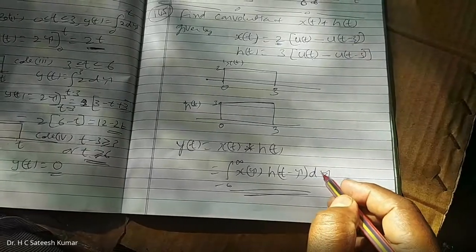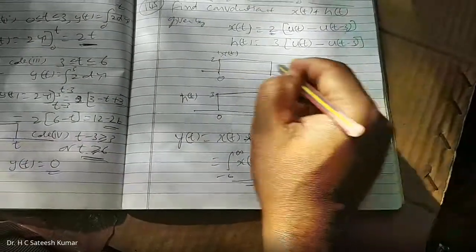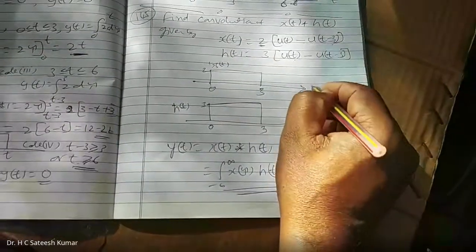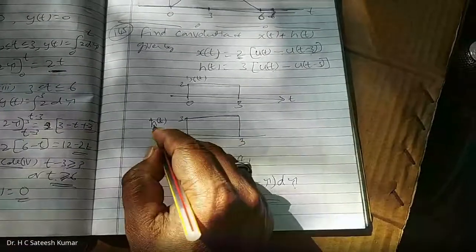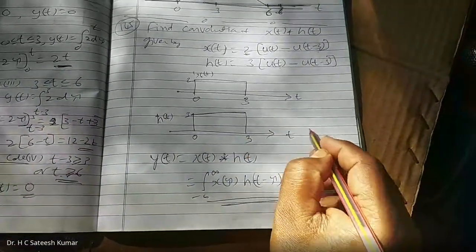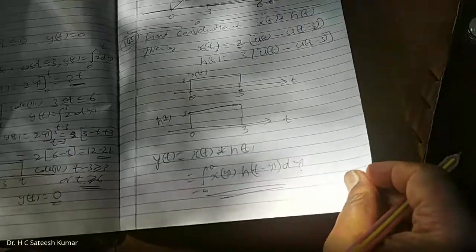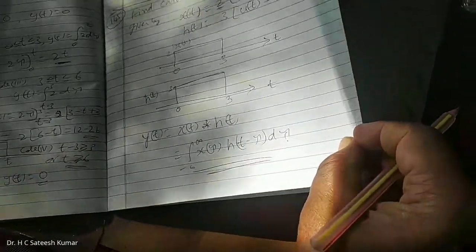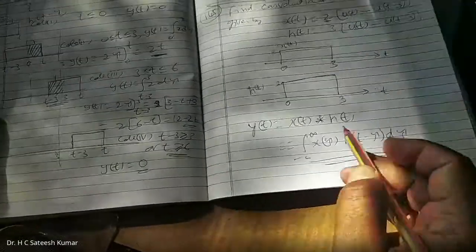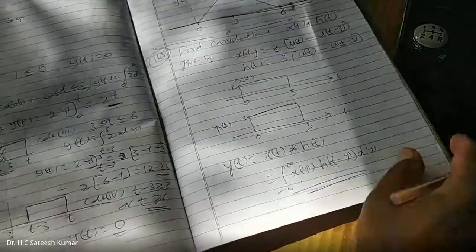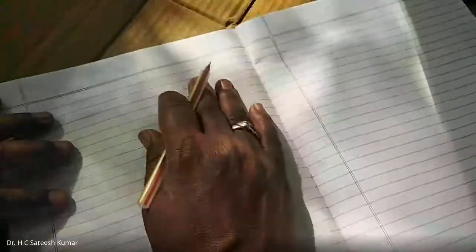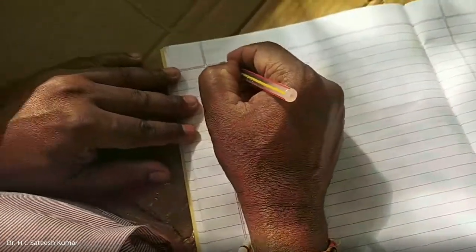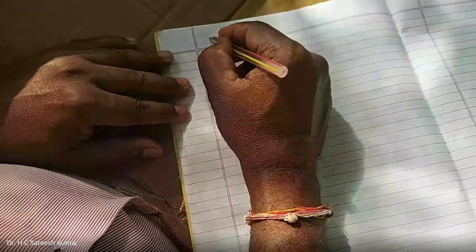If that is the case, first you write down. So this axis is x of t, meaning x is a function of time. h of t means h is a function of time. Now we have to write down first x of tau. x of tau means what? 0 to 3.